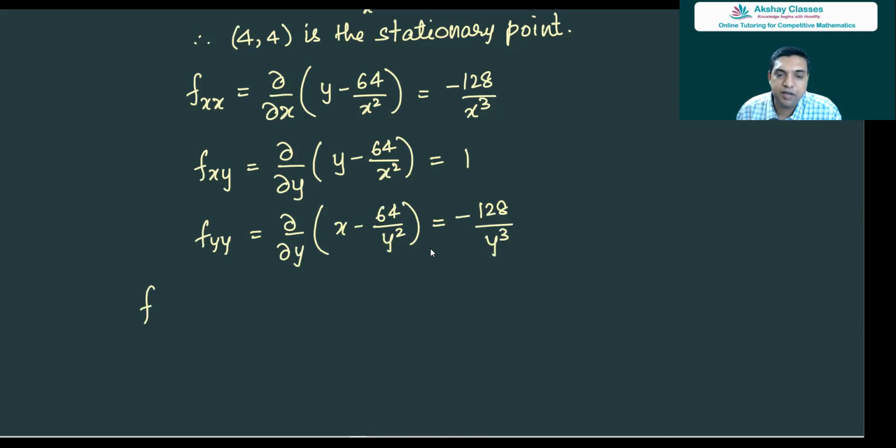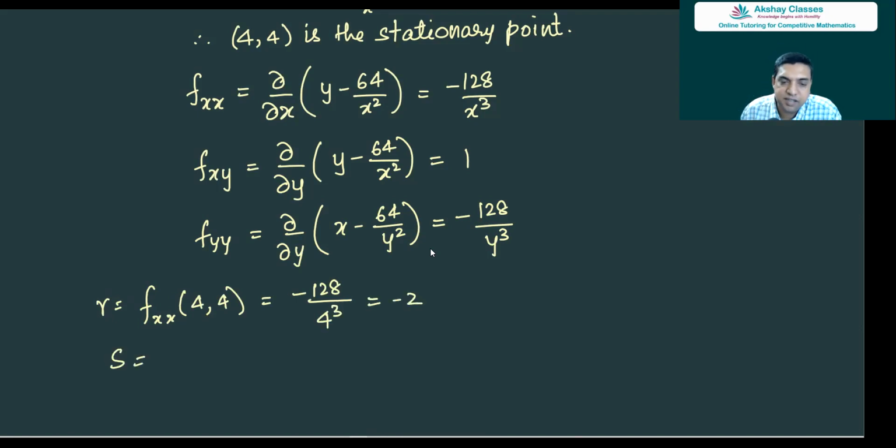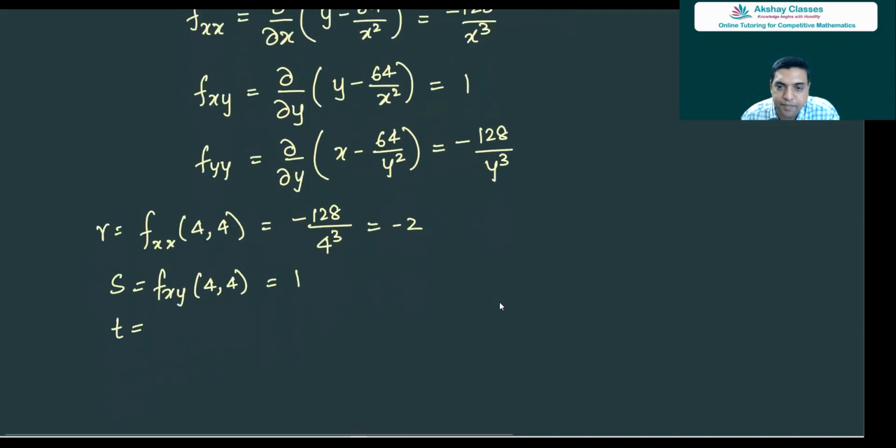So now r is fxx at the stationary point, minus 128 by 64, which is minus 2. s is 1 and t is minus 128 by 4 cube, which is minus 2.